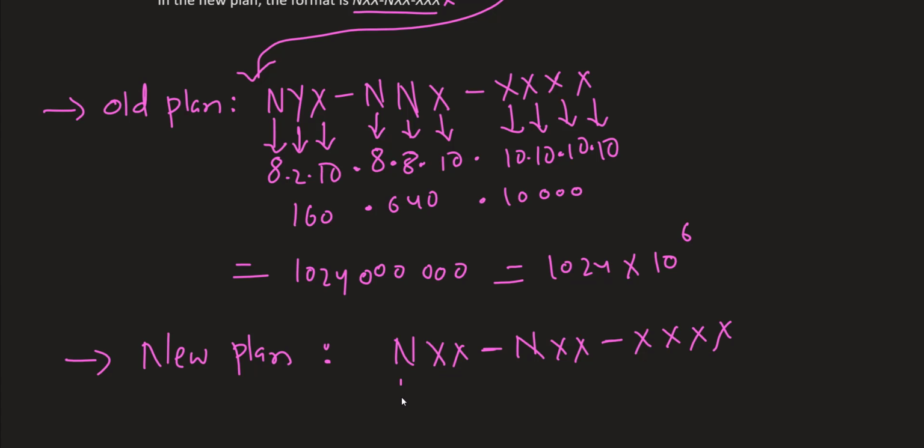So for N we have 8 choices, for X we have 10 choices, for X again we have 10 choices, for this N we have 8 choices, this is 10, this is 10, and here we'll have 4 tens.